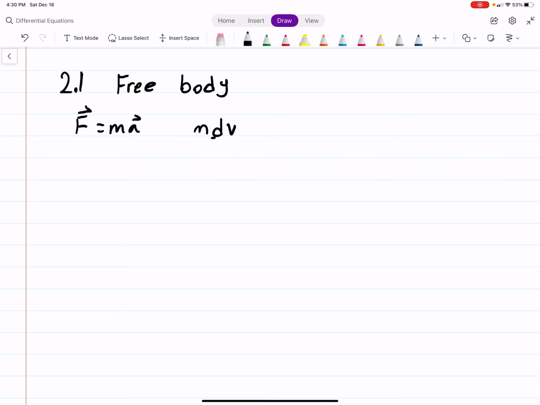I'm going to rewrite acceleration as dv/dt equal to the force. And just so everyone knows, I'm going to let down be positive. So even though Earth is pulling the object down, I'm going to count that as positive. And just doing a little free body diagram, this is why I call it a free body, because it's only subjected to gravity.